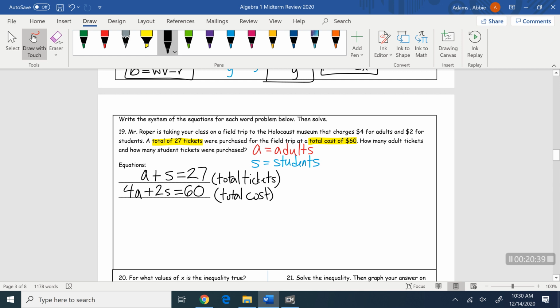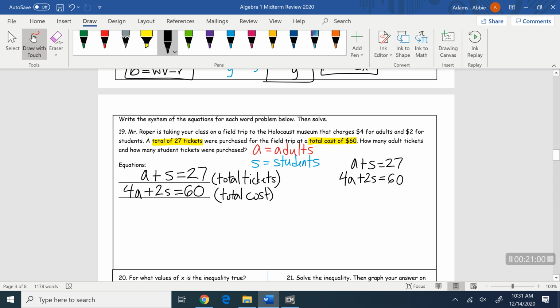Now we can either solve this by substitution or elimination. It is your choice. I'm going to show you by elimination. So I have A plus S equals 27, and 4A plus 2S is equal to 60. Now, it doesn't matter which variable you choose to eliminate, as long as you just choose one.